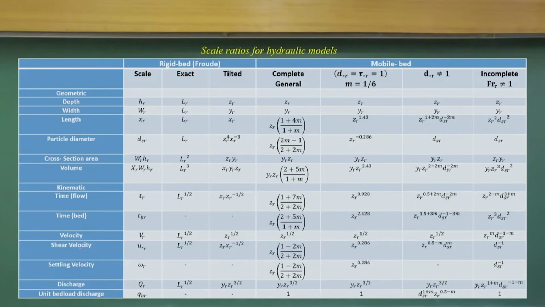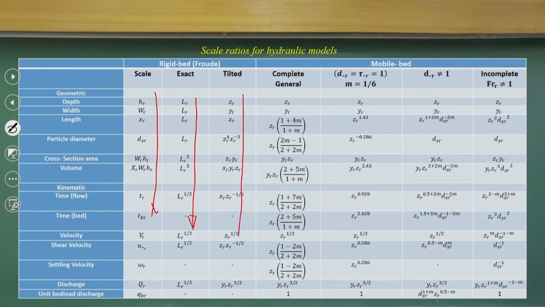If you look at this rigid bed, there are exact ones, tilted ones, and completely general ones. That is three conditions. For a mobile bed, you can have m equal to the Strickler coefficient, m equal to 1/6, and when the grain particle size ratio is not equal to 1 you have an incomplete similitude.